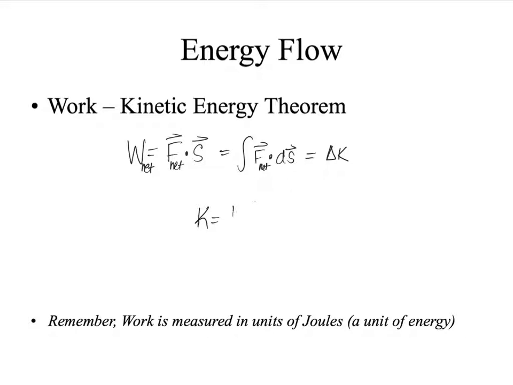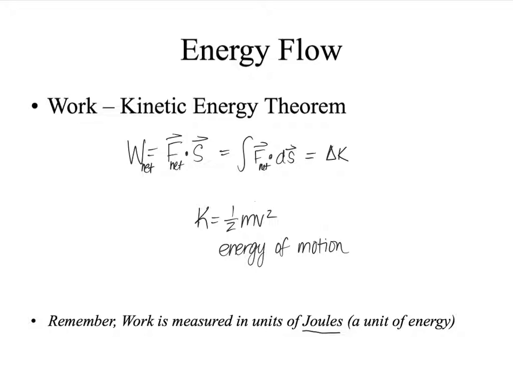Kinetic energy is equal to 1/2 mv squared, and it's energy of motion. It's the energy that an object has because it's moving. Remember that when we learned about work, we learned that it was measured in joules, but so is kinetic energy. Of course, they'd have to have the same units, but we always think of joules as a unit of energy.